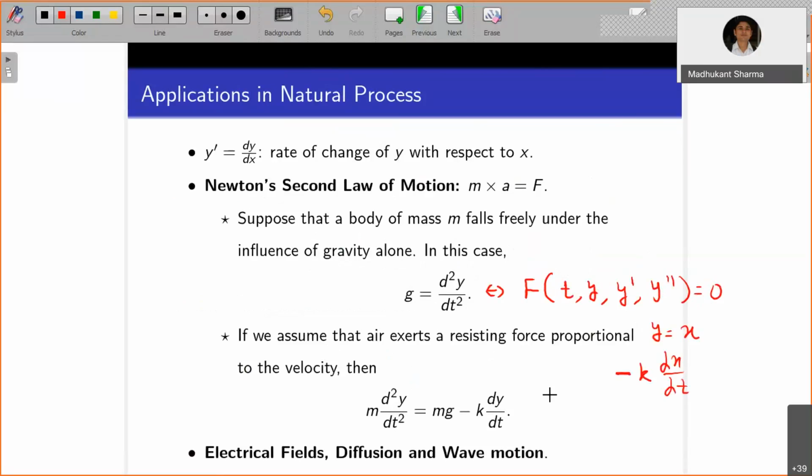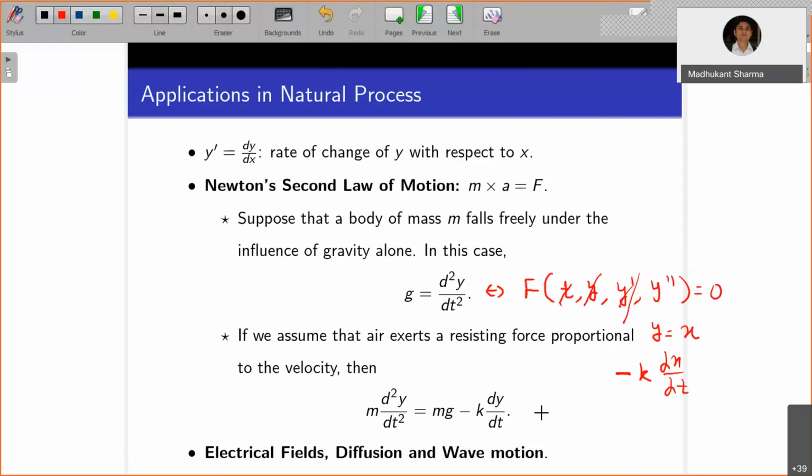Similarly here, if you want to be more particular, neither y nor y dash is there, so it's essentially a function of t and y double dash. Or indeed it is a function of y double dash only, since t also does not explicitly occur here. I am just removing the things that are not appearing in the equation.